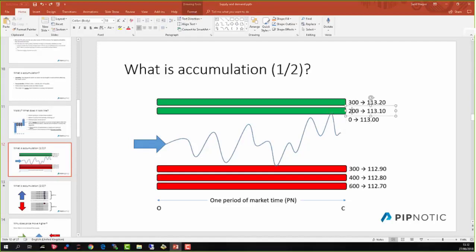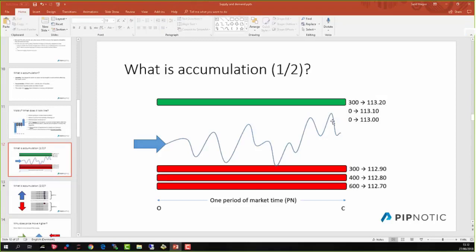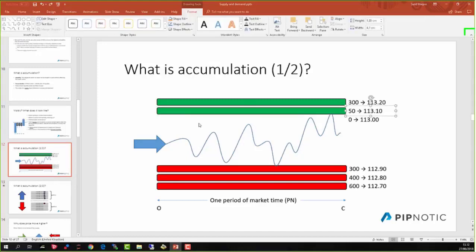Eventually this will be depleted, first to 100, then to 50, and then it'll go. And when that happens, this one is gone. Then price has to go higher. So the whole concept of support and resistance is slightly dangerous, because you must understand that every time price does reach an area of supply, it becomes weaker and weaker each time.